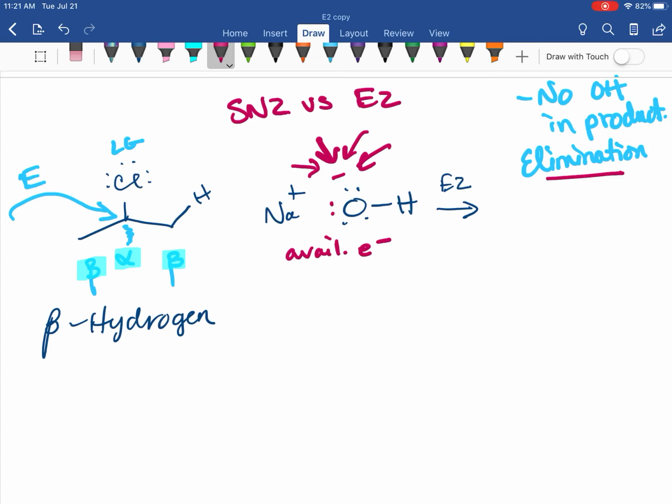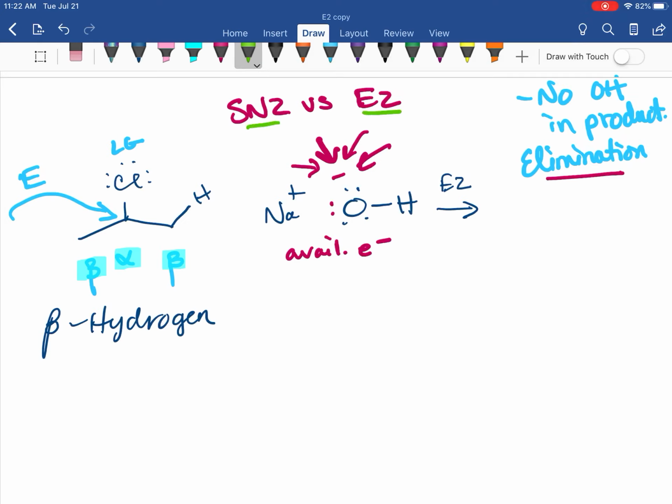So why is that a competition, or why does that matter? Well, it's still a collision, but what is the easier collision? There it is. If you have to collide here at your alpha, remember you have stuff in the way. That's harder. Look at this hydrogen out here, just free and clear.